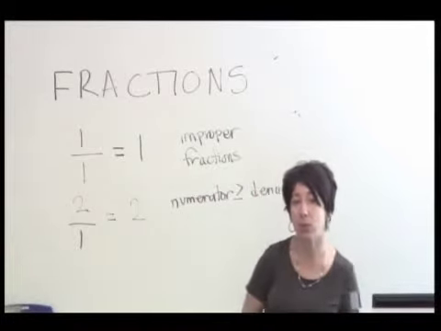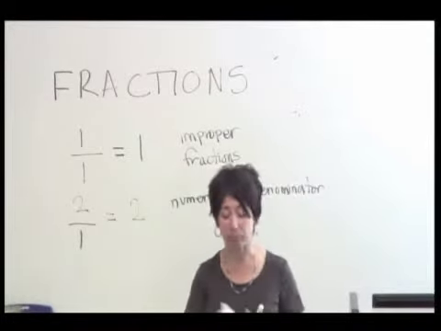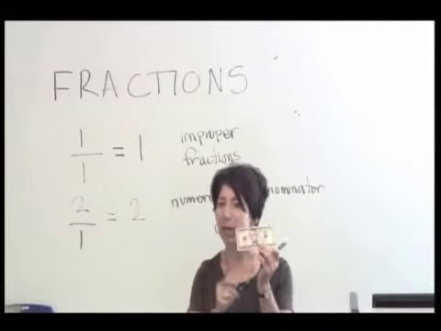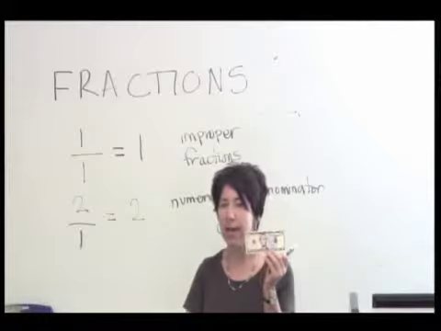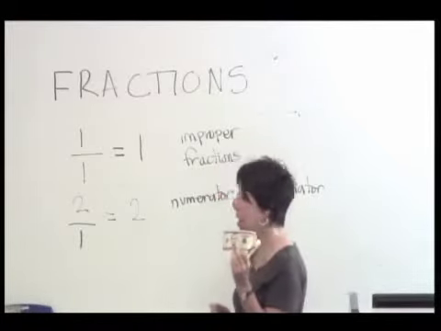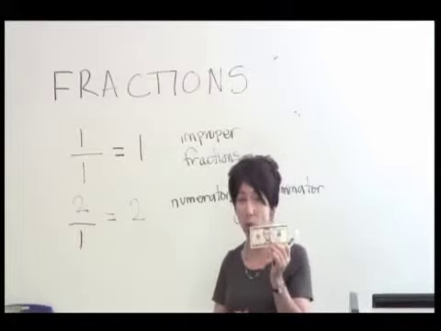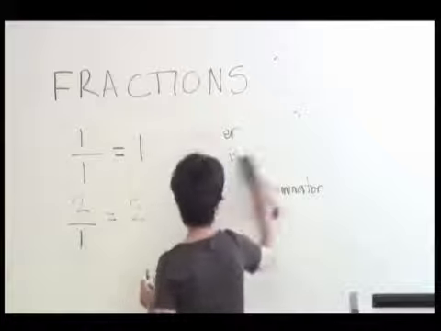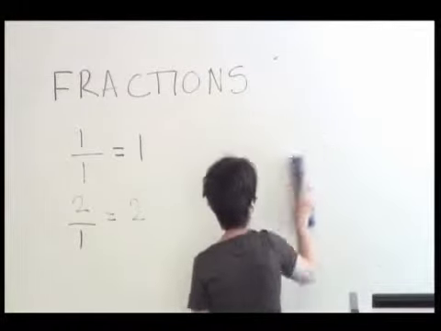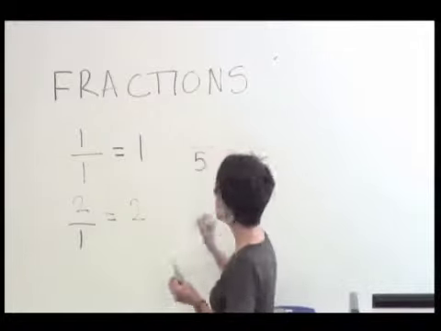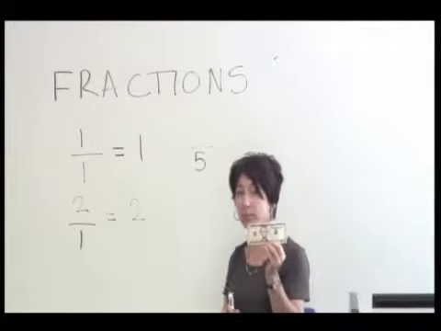Okay, now let's continue a little example here. All right, so let's, instead of having $1, I have $5. And instead of considering this now as my part, I'm now going to consider this to be my whole. So what does that mean? Well, that means that $5 is now my denominator.